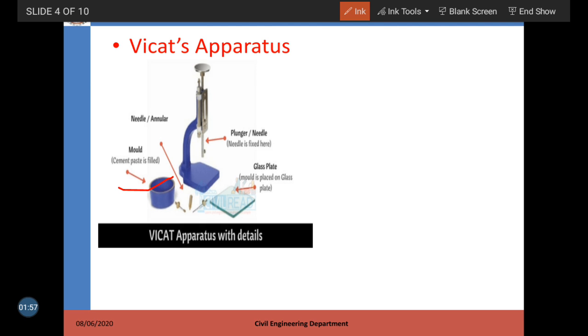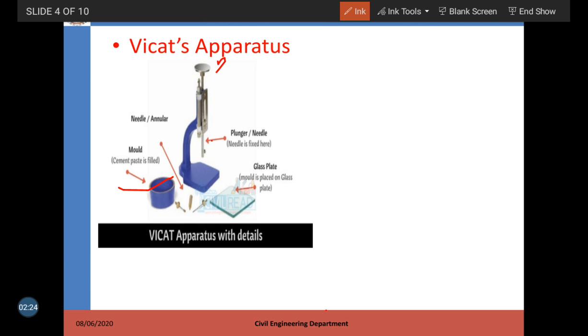Then a frame is there, and on that frame a gauge is mounted, and the gauge is fixed to a weight on top of that frame, and there is a provision to attach plungers or needles here.